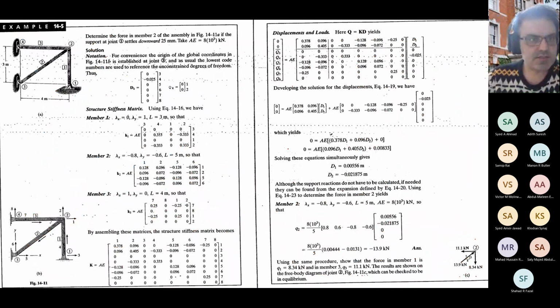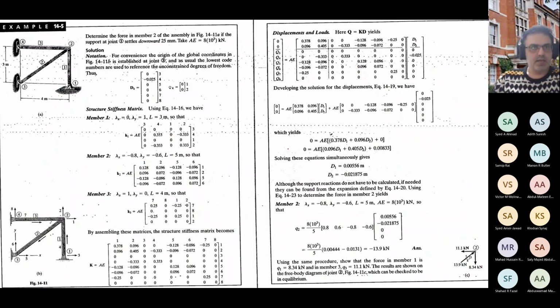This is another truss structure comprising 3 elements. Again, this is indeterminate. Obviously, we have 3 simple supports, altogether 6 reactions.